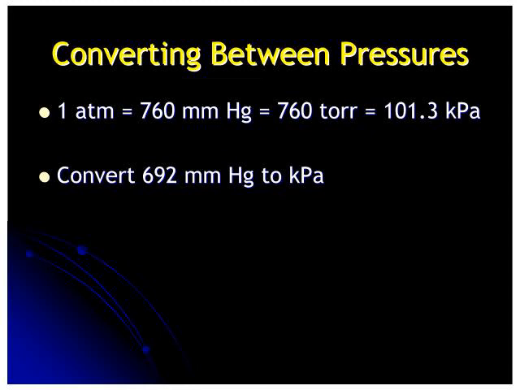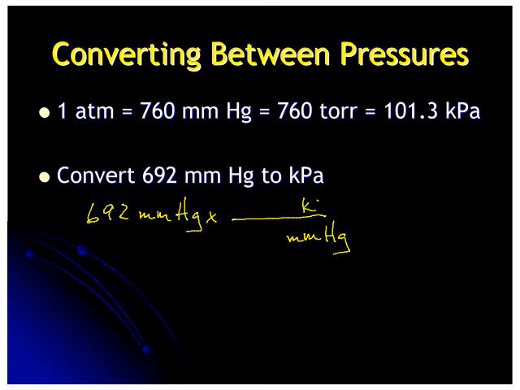One last problem. We're going to take millimeters of mercury to kPa's. I've got 692 millimeters of mercury, Hg for mercury. Millimeters of mercury, diagonal down to cancel out, kPa on top. So right here, 101.3 for the kPa. Millimeters of mercury, 760.